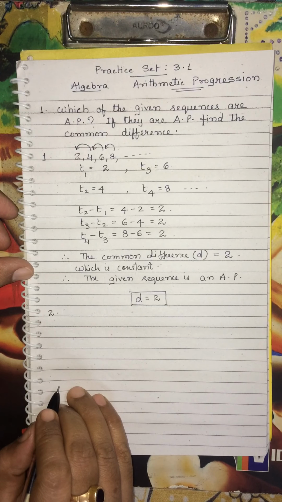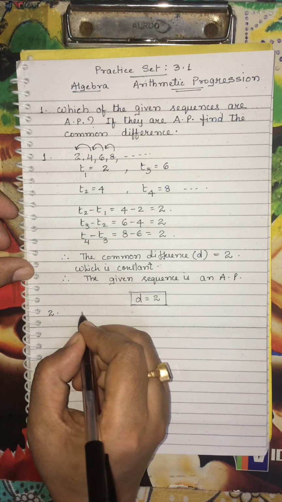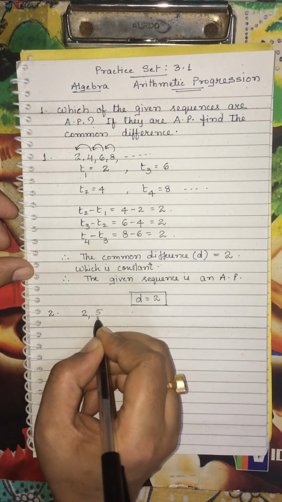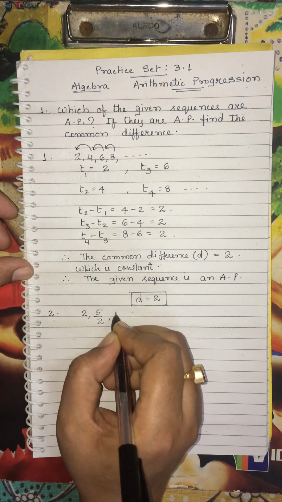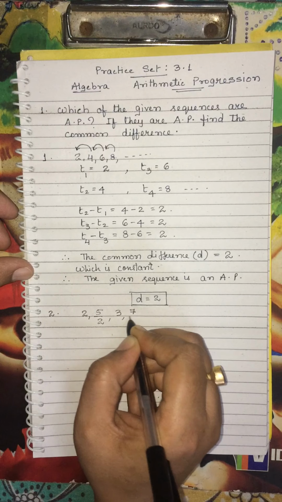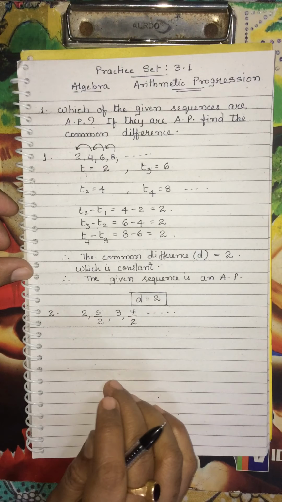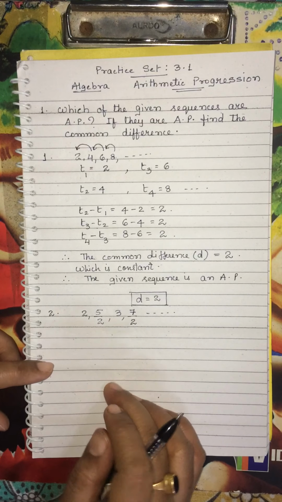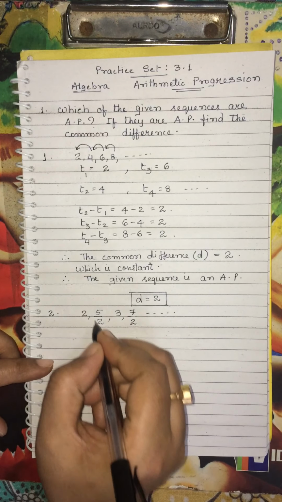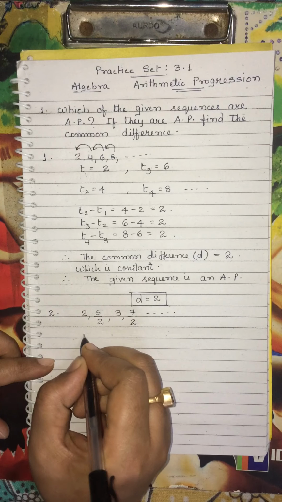The second one is given to us: 2, 5 upon 2, 3. In the textbook children, the question is given wrong. Even that question, if it is given to you in the examination, you have to do in the same manner, not to change anything.